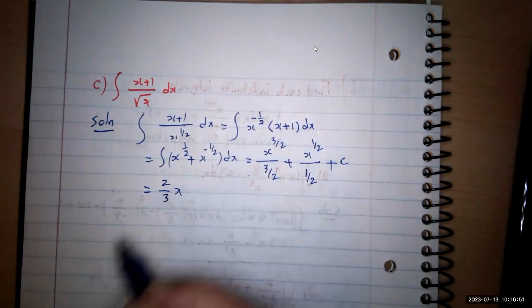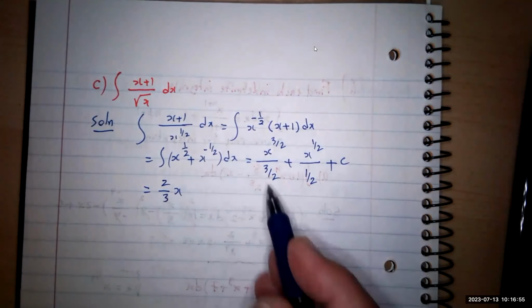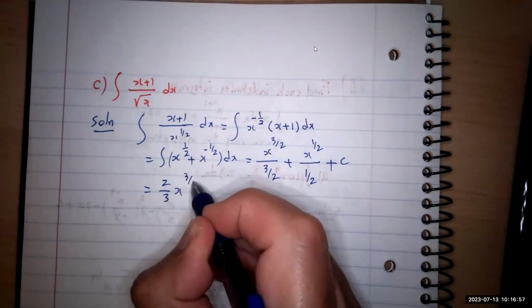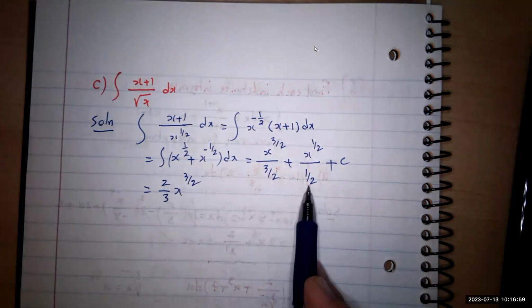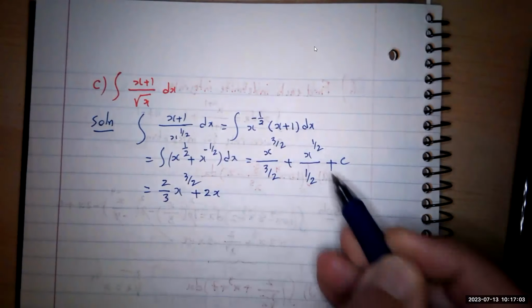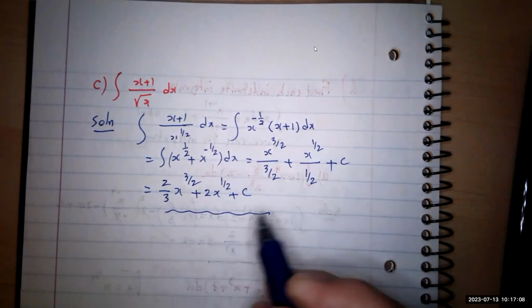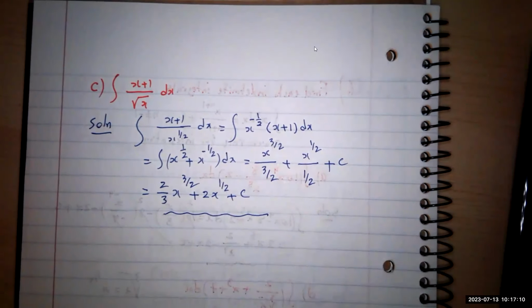So it's 2/3 of the x to the 3/2. Use the reciprocal of 1/2, which would be 2. So that gives 2x to the 1/2 plus the constant c, the final answer. Okay, so we can handle all sorts of types of integration so far nicely. Any question?